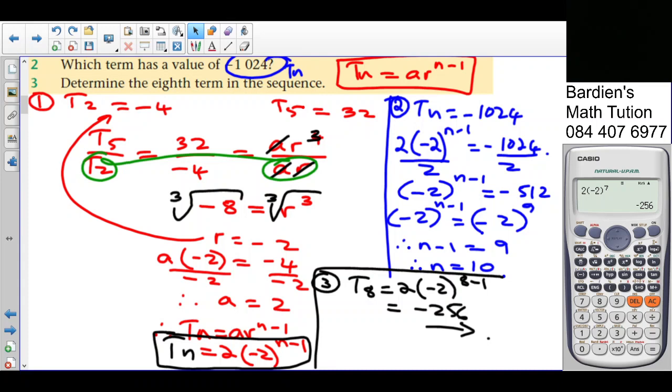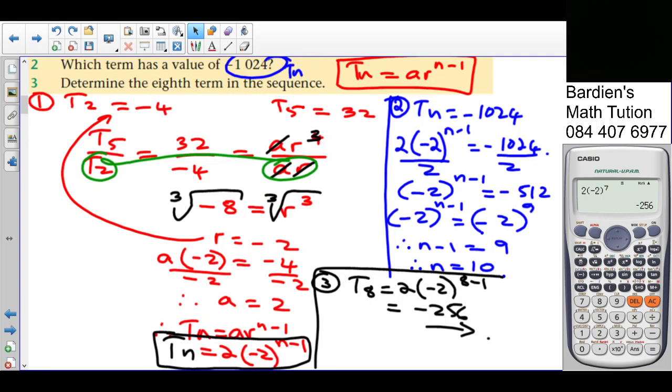Not so? 2 times negative 6, negative 12, minus 6, negative 18. 5 times negative 6, negative 30. Negative 30 plus 3, negative 27. These are my first 3 terms of the sequence. Okay? Any confusion here?